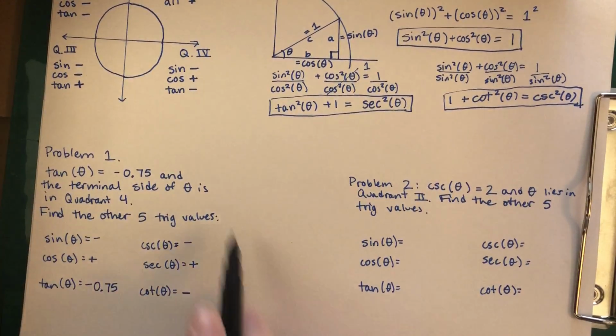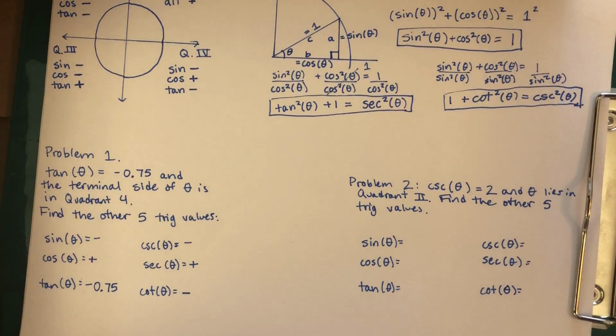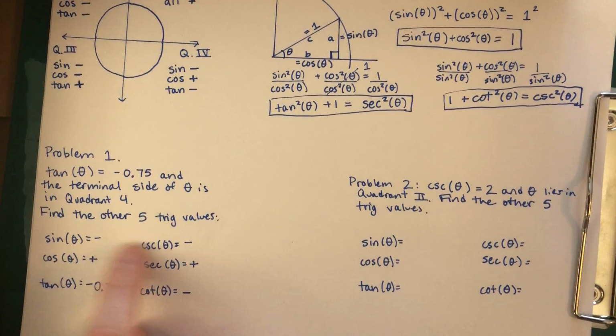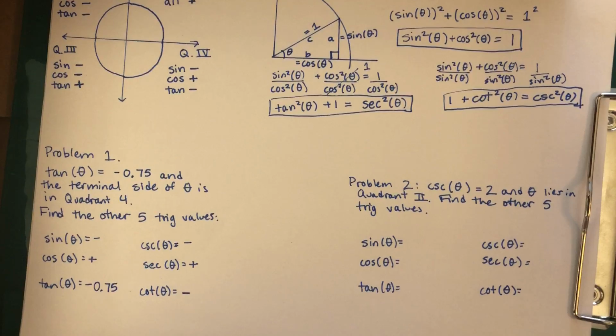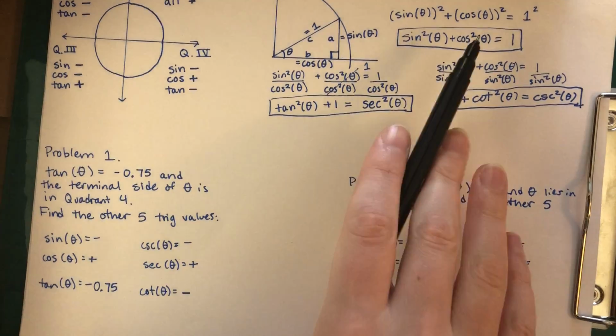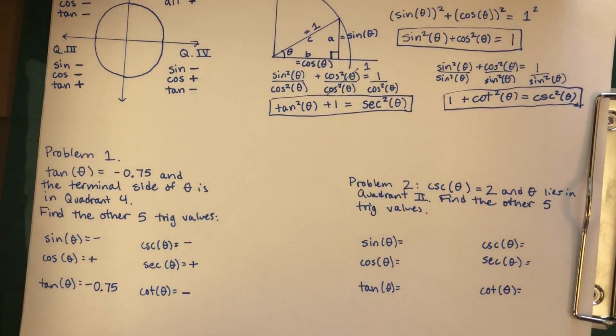All of these values kind of go together, the signs will always match across the rows here. Okay, so I know one of these numbers, and I want to use that to figure out the rest of them. So here's my choice of identities. I know what tangent is, so I'm going to choose this one.